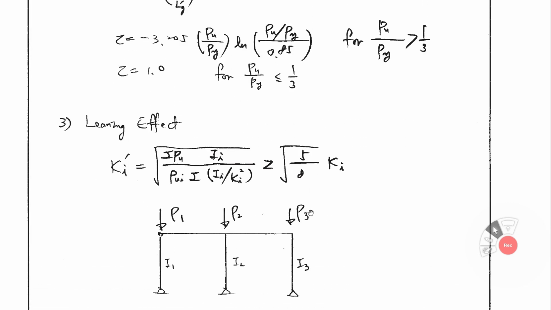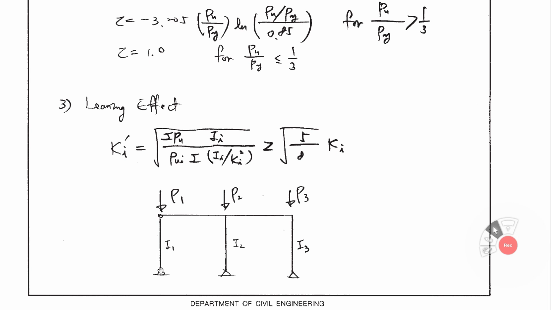Another term is the leaning effect. As you see here, this column has hinges at top and bottom. This center column, the top is rigidly connected. This one is rigidly connected. So these columns are subjected to P1, P2, P3. But as you see, this column, top and bottom are hinged.